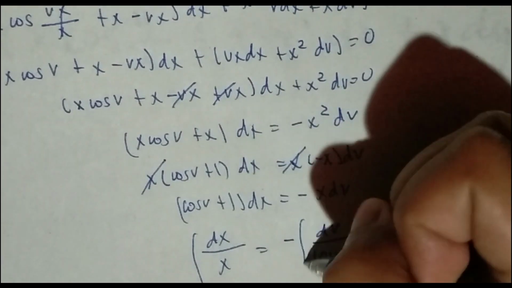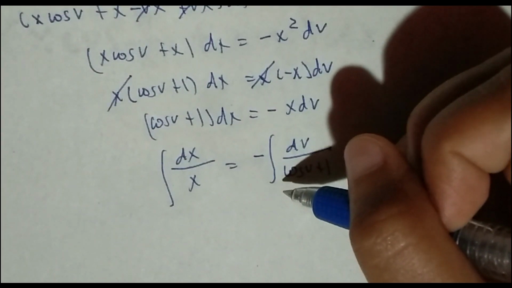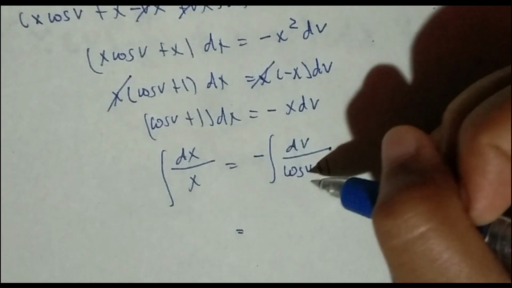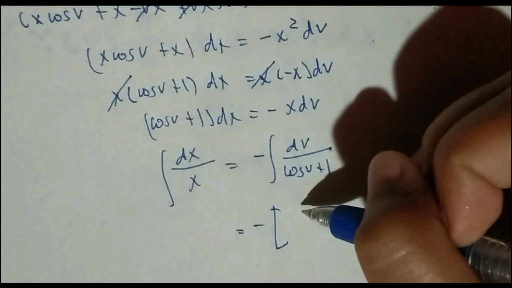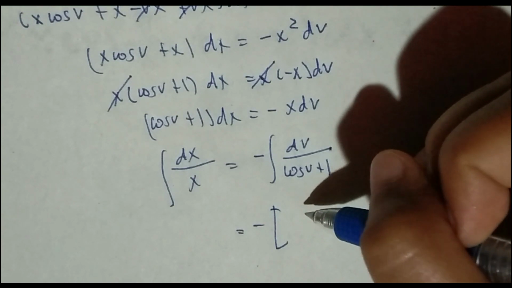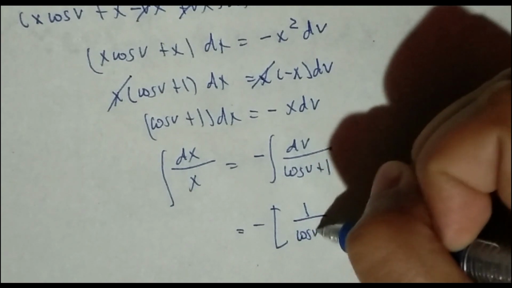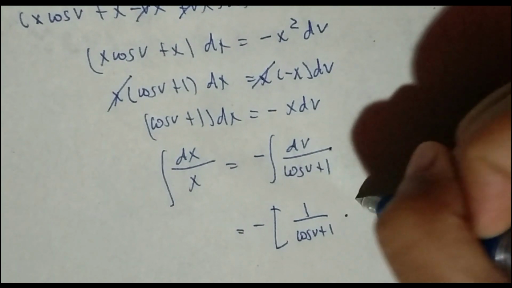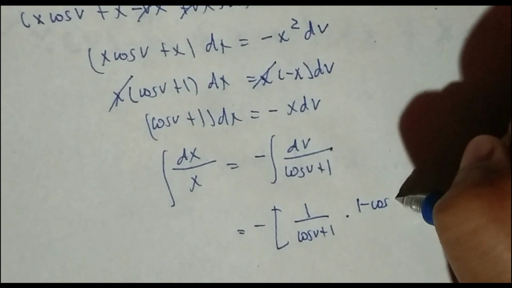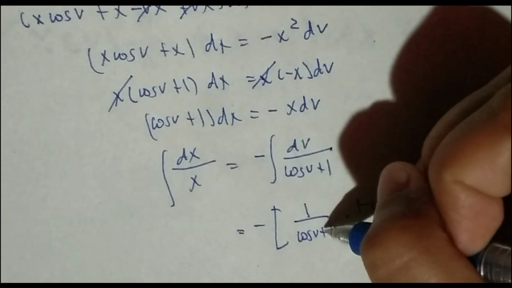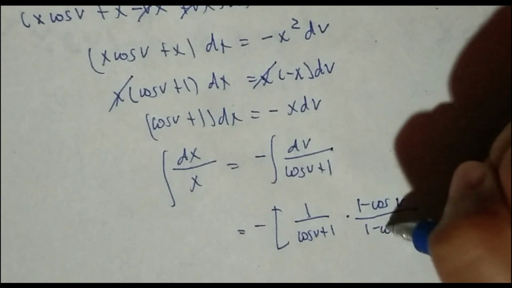So we will now integrate. We will integrate this first. But first we will multiply this 1 over cos v + 1 by (1 − cos v) over (1 − cos v).